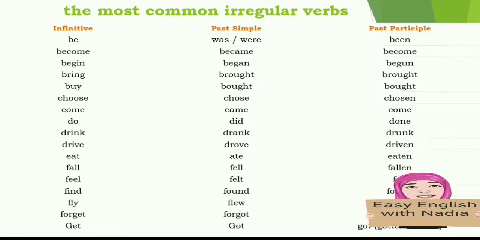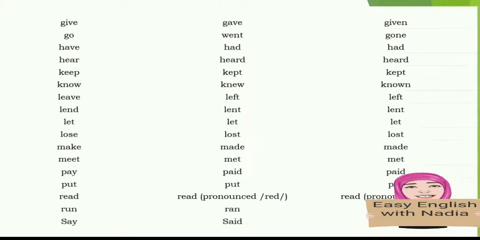Get, got, got or gotten. Give, gave, given. Go, went, gone. Have, had, had. Hear, heard, heard. Keep, kept, kept. Know, knew, known.